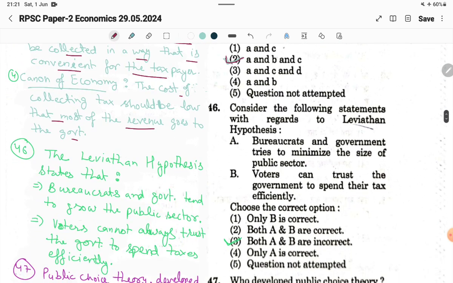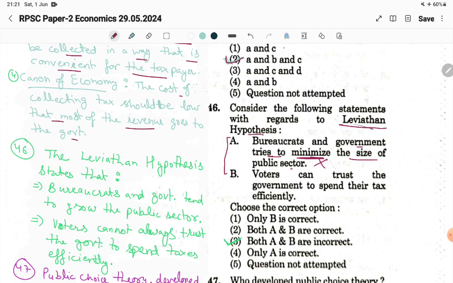Now the next question: consider the following statements with regards to the Leviathan hypothesis. So two statements are here. Bureaucrats and government try to minimize the size of public sector. It's wrong. They don't. We already discussed this question.